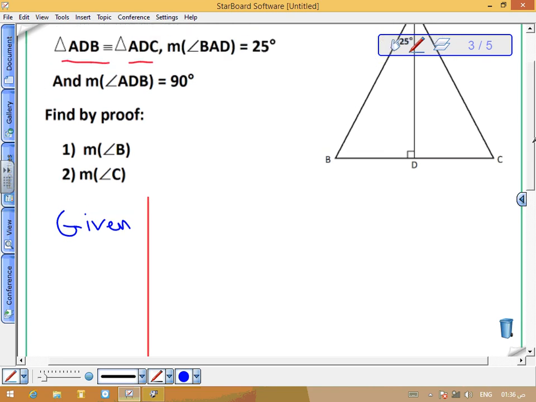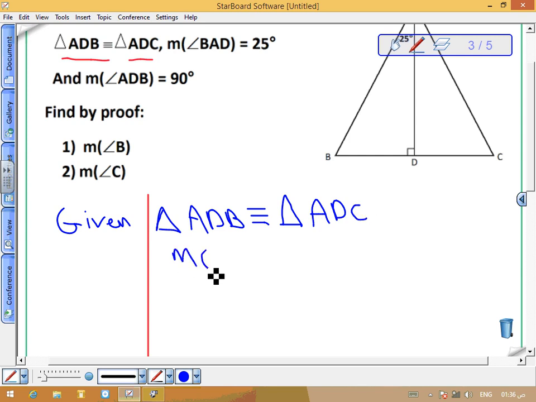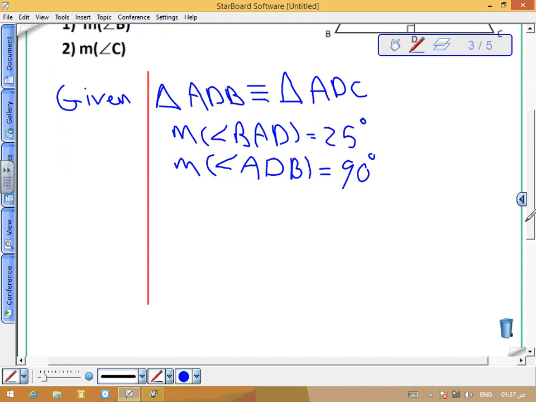The informations are triangle ADB congruent to triangle ADC, measure of angle BAD equals 25 degrees, and measure of angle ADB equals 90 degrees. We have finished writing the given.